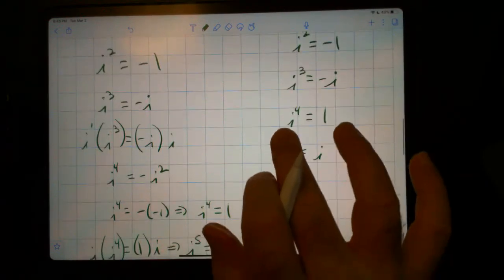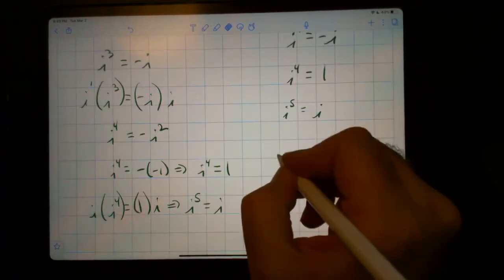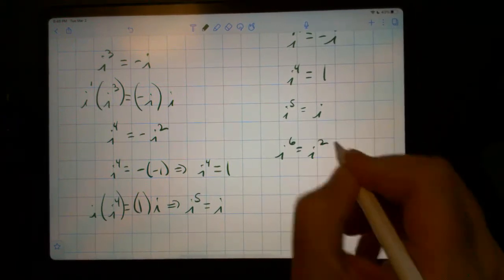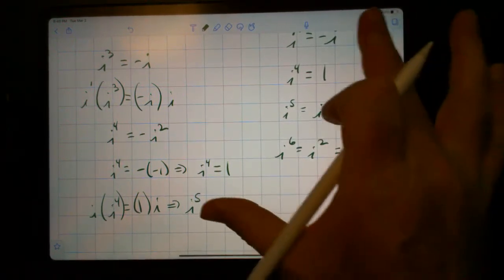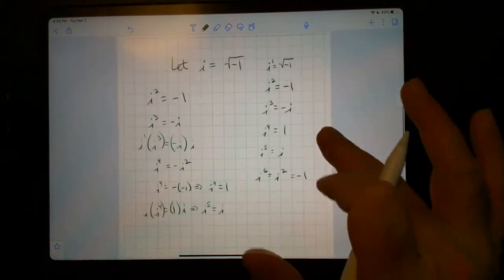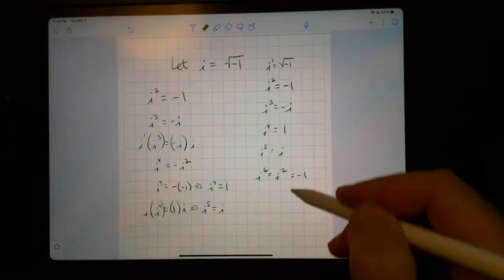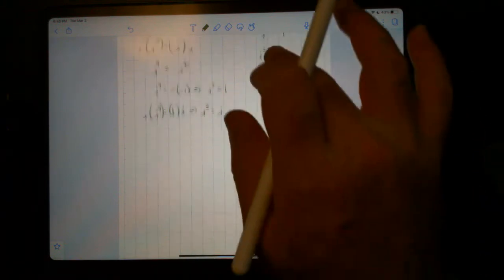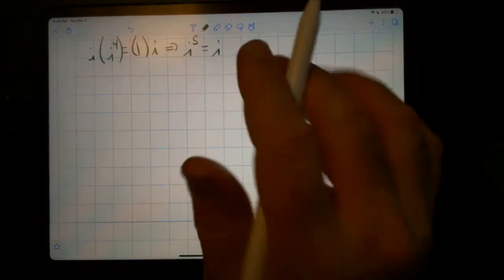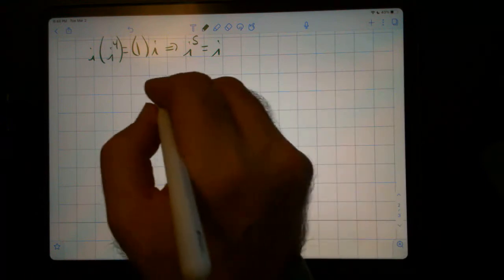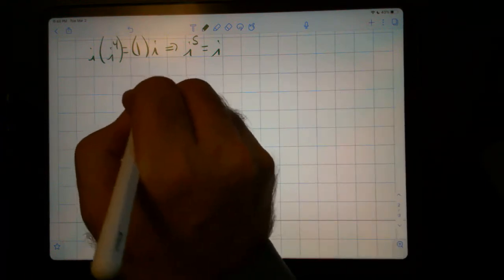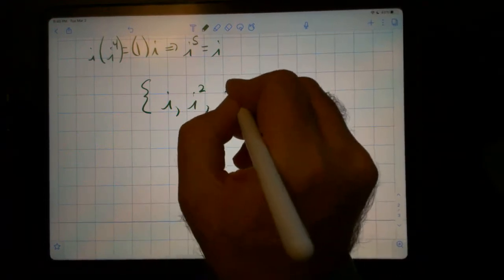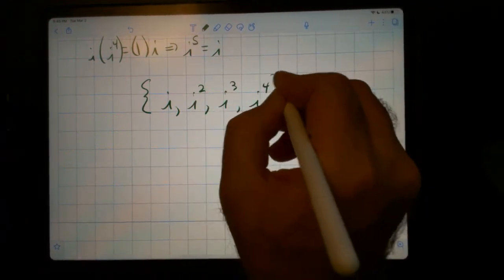And then if you multiply both sides by i again, we have i to the sixth is equal to i squared, but i squared is -1. And we are repeating. So I can bring all of these i's into a collection. We can write that with braces: i, i squared, i cubed, and i to the fourth power.